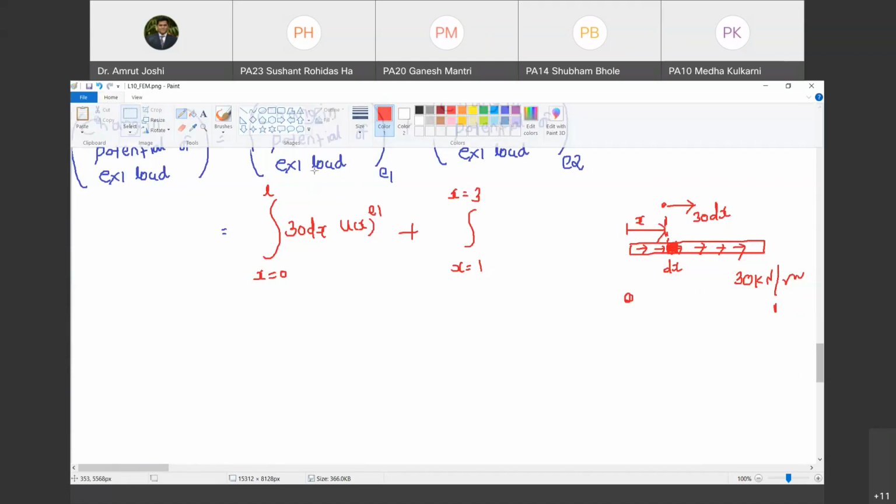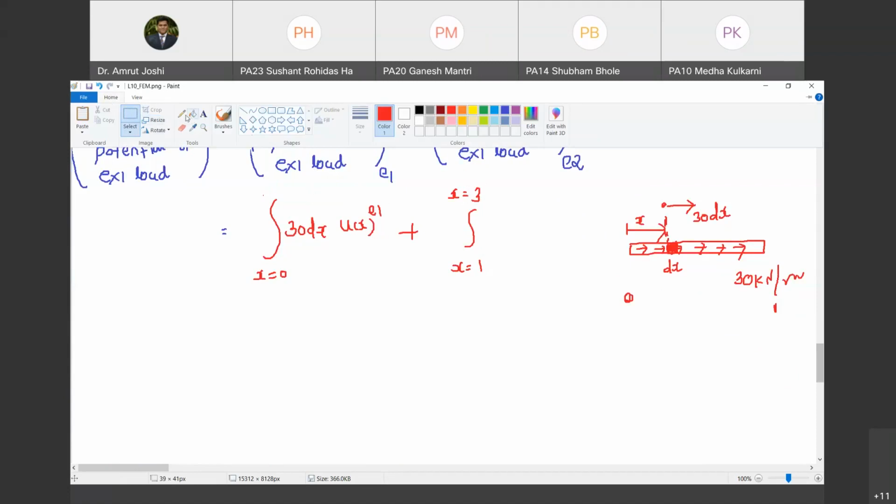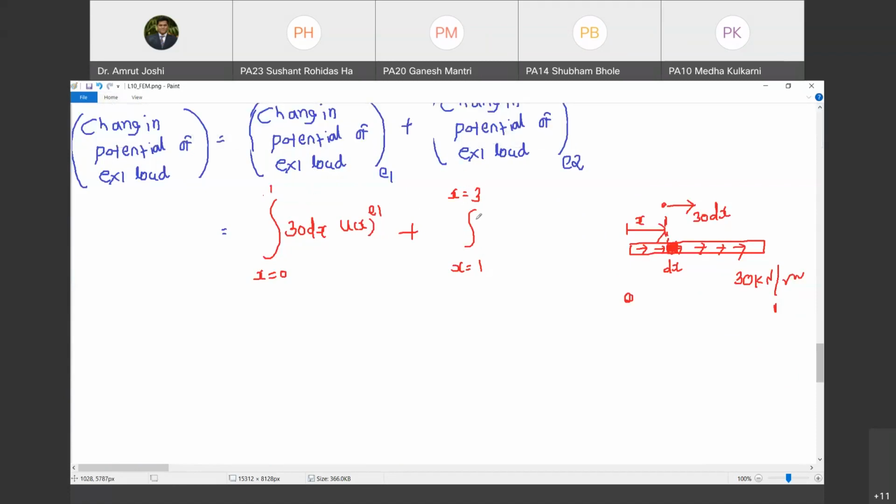The first element was from 0 to 1 and the second element is from 1 to 3. So if I do the integration of the same quantity 30 dx, the only change is going to be the limits, and when I write u of x, instead of element number 1, I will write element number 2. Do you agree that this is the change in potential of external load? Type your response in chat box.